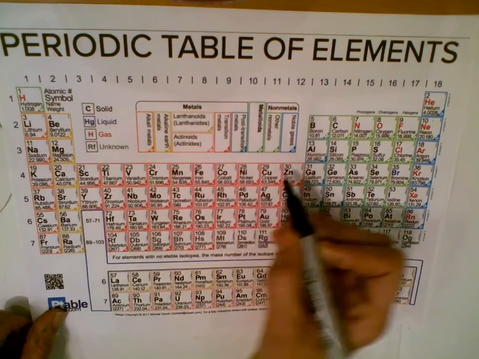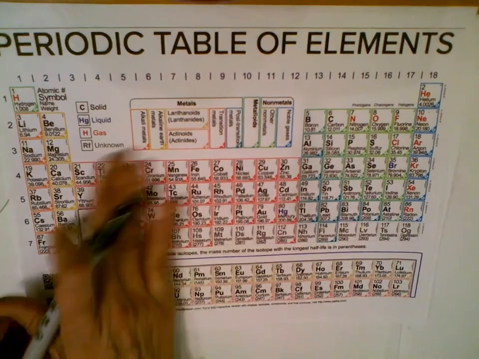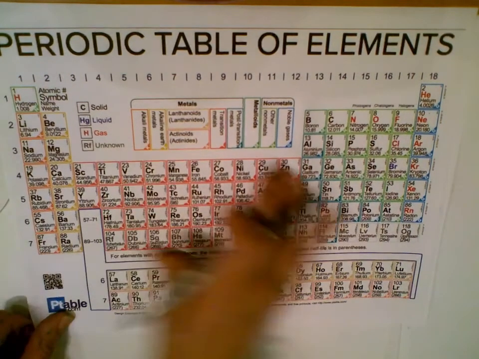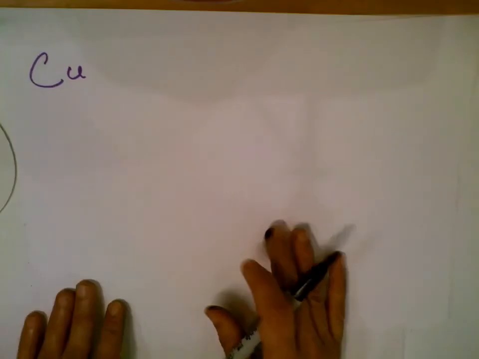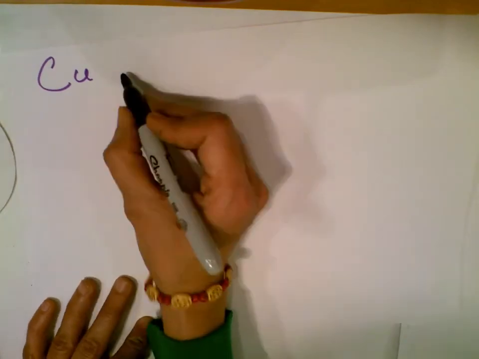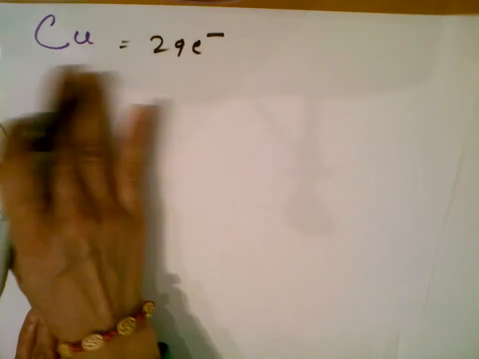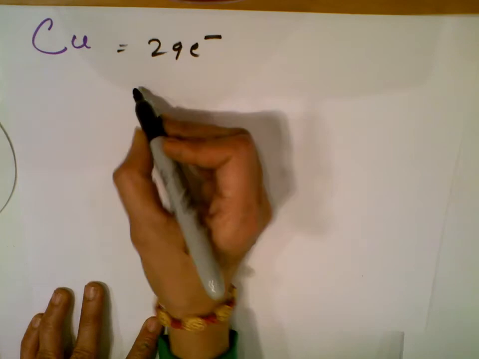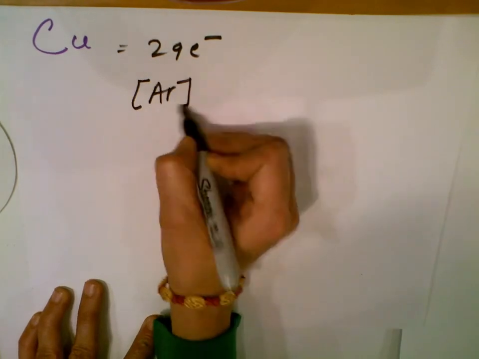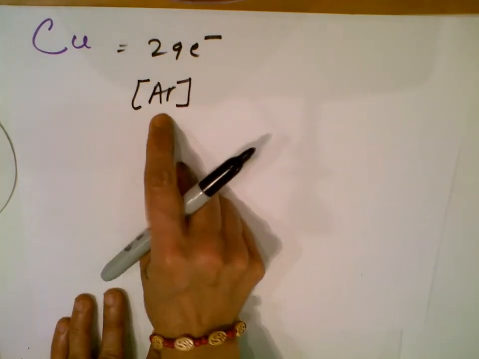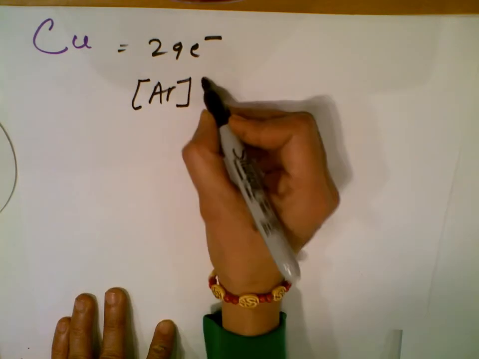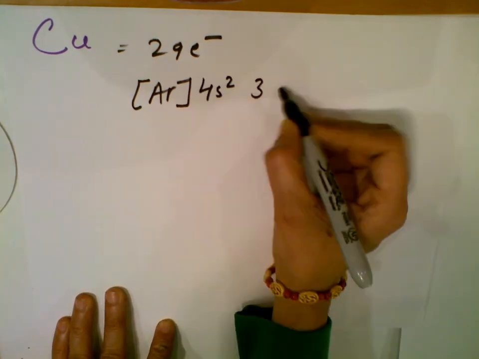Chromium was 24, copper 29, and this is from the d block. So you know that we are going to fill the d orbitals here. Okay, so copper is 29 electrons. I'm not writing the full electron configuration to save time. So Ar is already representing 18 electrons. So I'm going to start after 18 electrons, and this is 4s2 and 3d9.